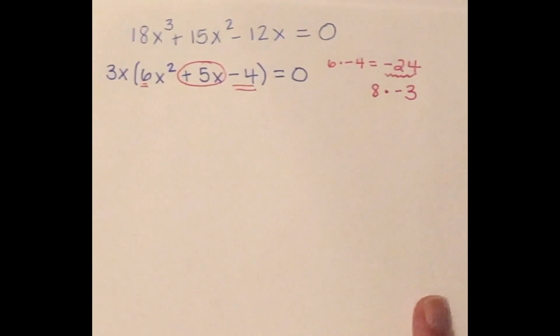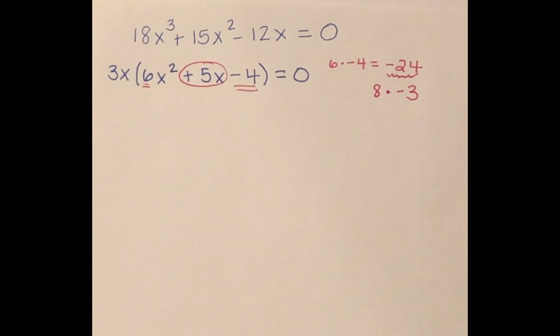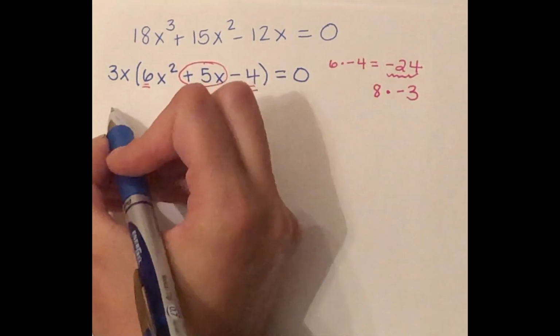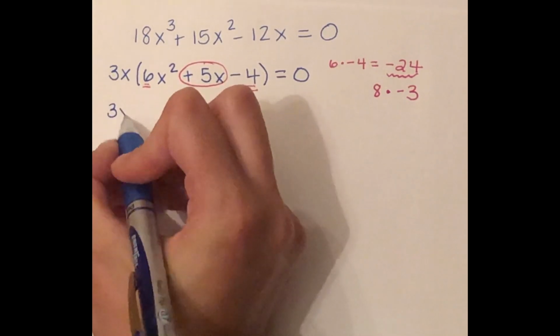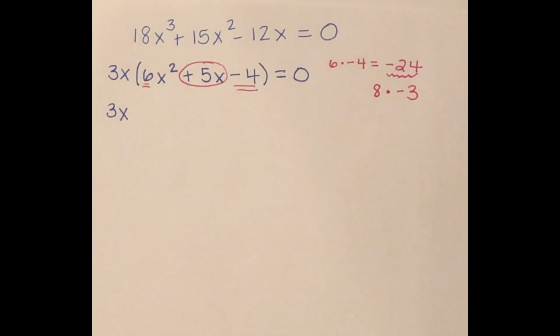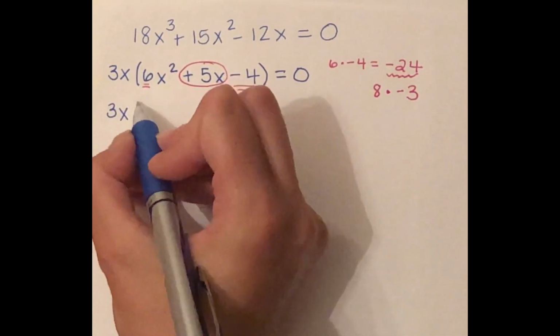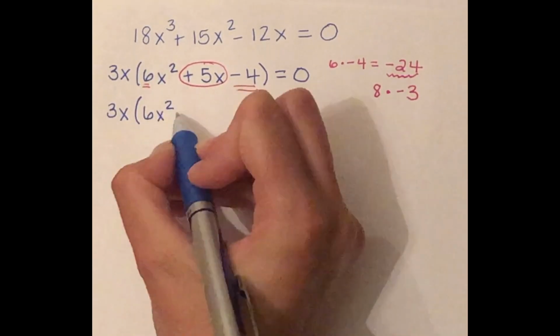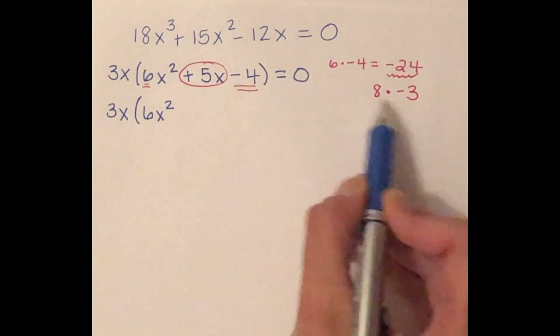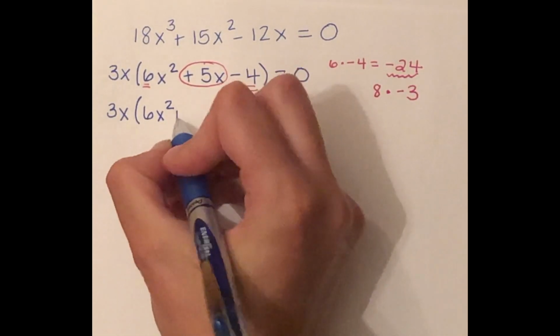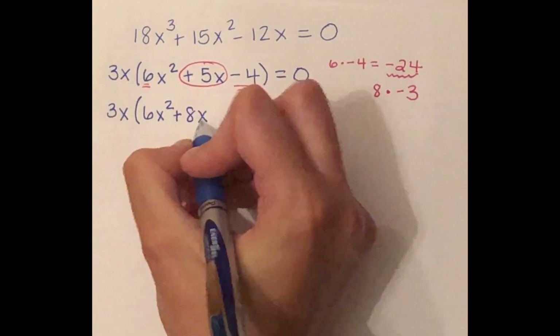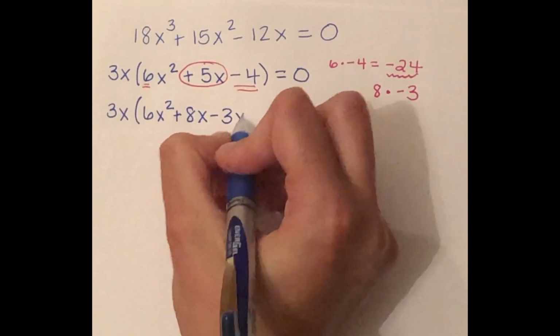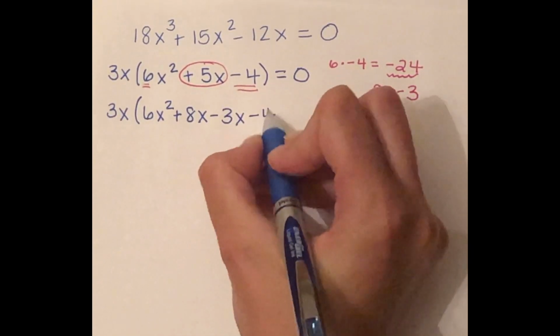So when I go to rewrite this now, I'm going to have 3x, remembering that my greatest common factor has to follow me all the way down, and then 6x squared, and we're going to rewrite that 5x with the factors, so that would be plus 8x minus 3x minus 4.